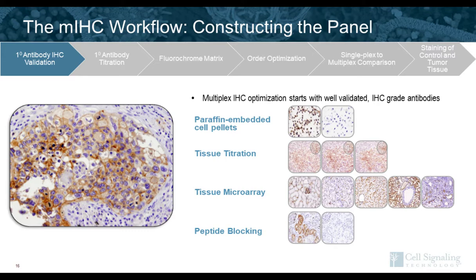So every human reactive antibody that we release and approve for IHC from Cell Signaling Technology has been tested on at least 60 to 70 different tissues prior to adding the IHC application to the CST website.